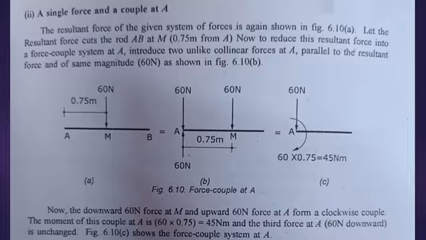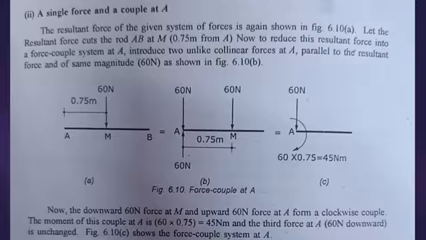Similarly, we are going to calculate the force couple system at B because they asked to find the force couple system at B also. How do we calculate it? From the same diagram, but the distance becomes different because for the force couple system at A we are taking the distance from M to A. For the force couple system at B we have to include the distance from M to B. How do we calculate the distance MB?